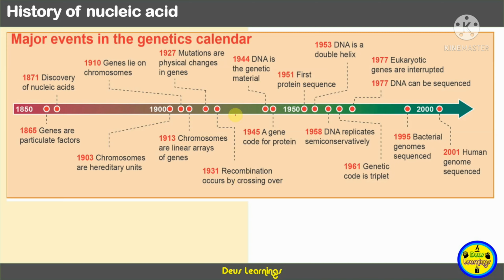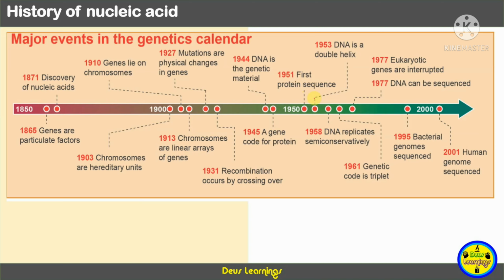And then in 1944, people experimenting came to know that DNA is the genetic material. In 1945 we came to know about the code of protein, that a gene codes for a protein. And in 1951 protein was sequenced. It was Sanger who sequenced the protein, and the first protein to be sequenced was insulin.